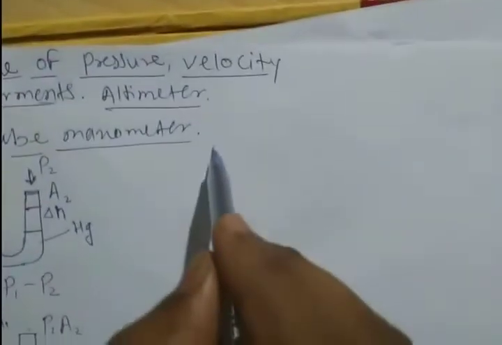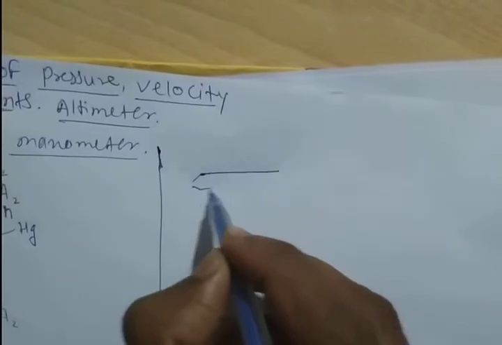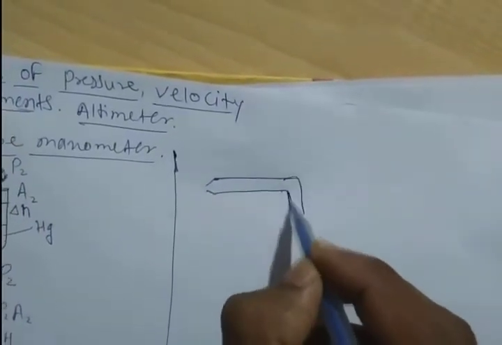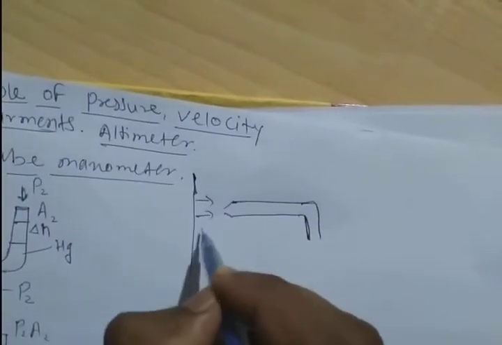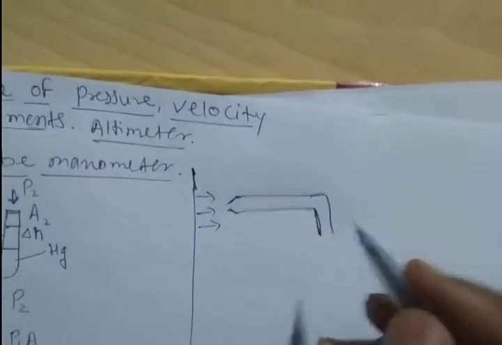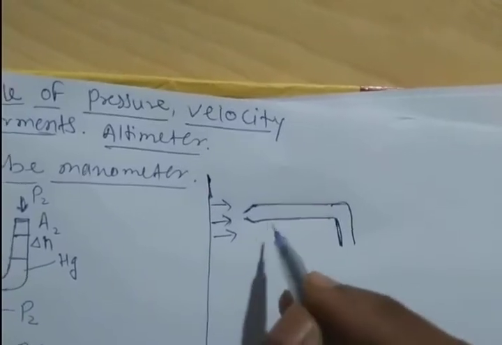Now let's see the principle of the pitot tube and the static tube, which are mounted on the aircraft for onboard velocity measurement as well as pressure measurement. So this is the pitot tube and this is the airflow. The mouth of the pitot tube will be aligned to the airflow but in the opposite direction.